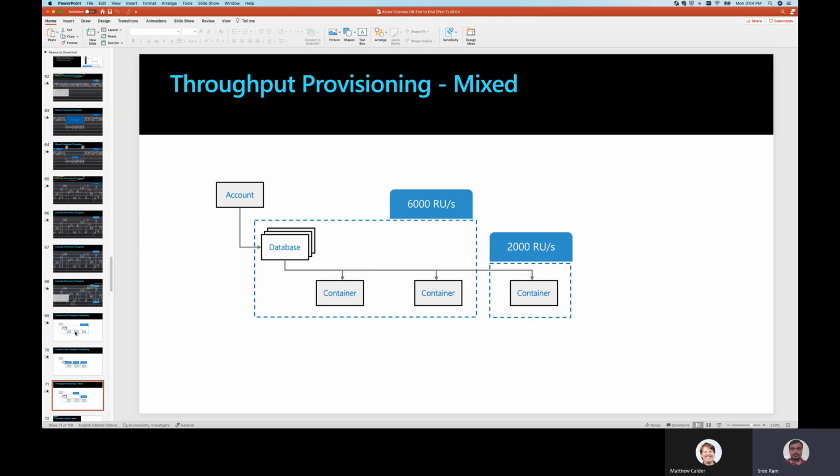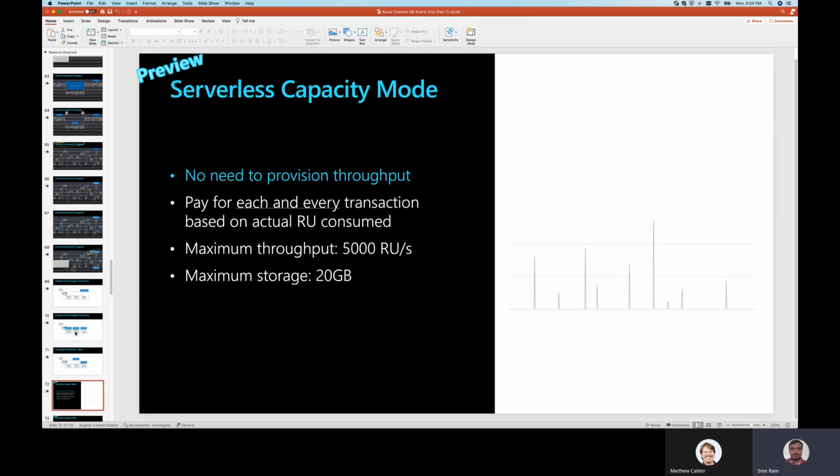And then there is this concept of mixed throughput provisioning, wherein, for example, for that container, for whatever reason, you give 2000 RUs per second. Henceforth, I won't say RUs per second, I'll just say RUs. So 2000 RUs on one container and 8000 RUs distributed between the two containers. That's called mixed throughput provisioning, which is valid in some cases. You can definitely do that.